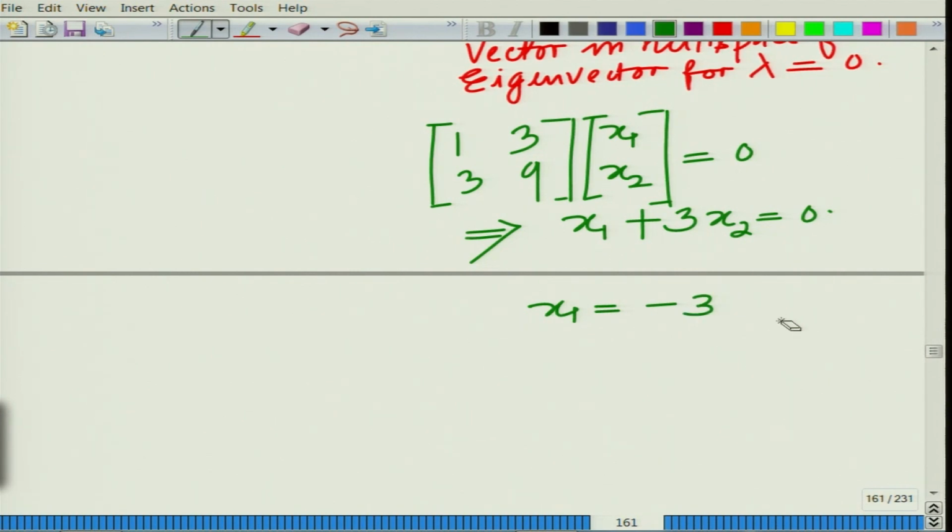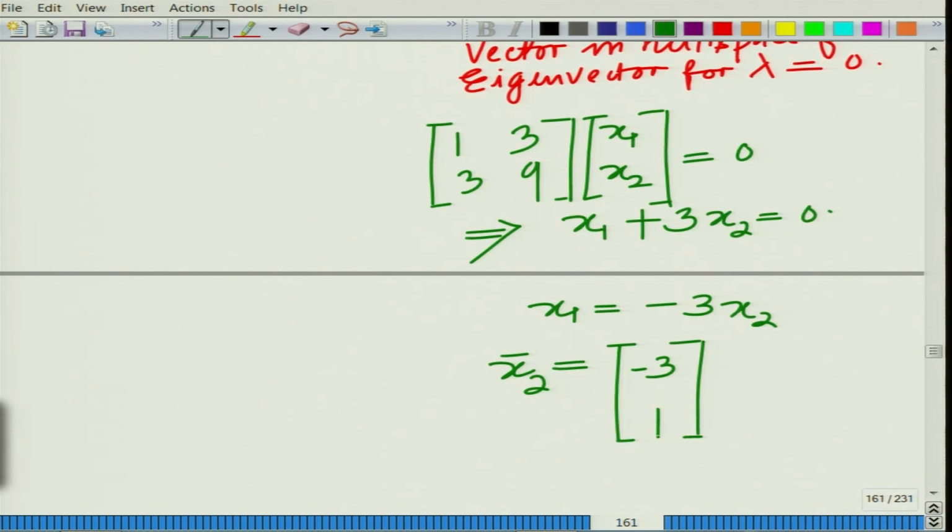There is again a free parameter in this case. You can say x2 is a free parameter or x1 is the free parameter, whatever it is. So if you set one, it determines the other. So if you set x2 equal to 1, x1 will be equal to minus 3. We can call this x2 bar, this is the eigenvector.